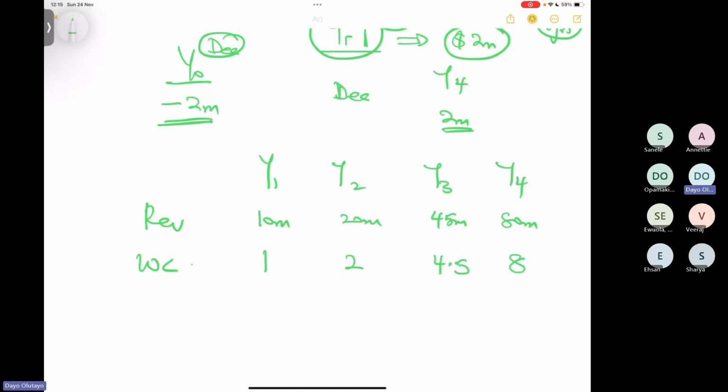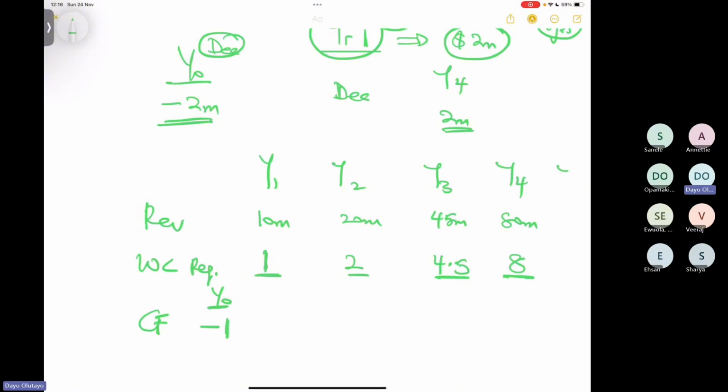This is the working capital requirement. However, this is not the cash flow that you plot. The cash flow you will plot will be this. Cash flow will now have a year 0 impact, because all these working capital requirements must happen at the beginning of these years. So for year 0, what we need at the beginning of year 1 must be purchased at the end of year 0. So this is minus 1 because we are buying.